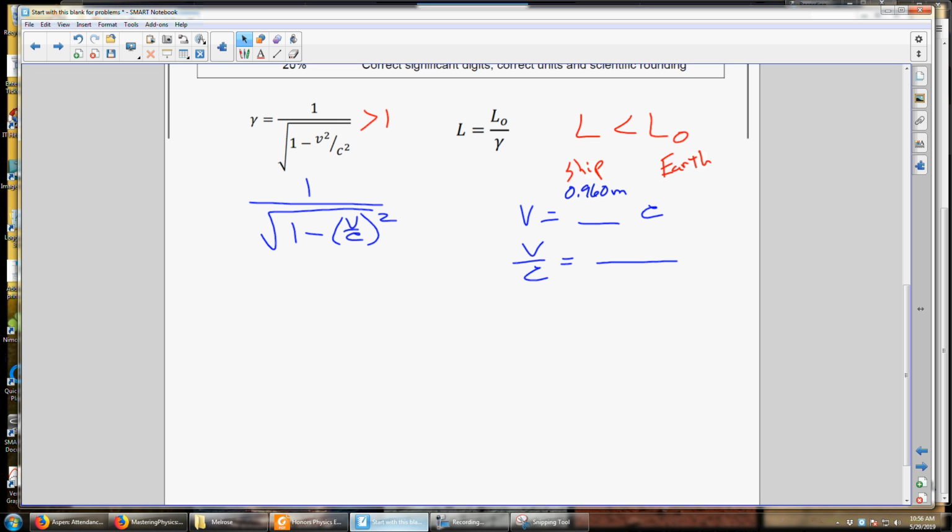Nope, I want to swap those two. This one's the ship, sorry. And that one's as measured from the Earth. I forgot which way we were looking. And I know on the ship it's 1.00 meters. It's all for V over C.